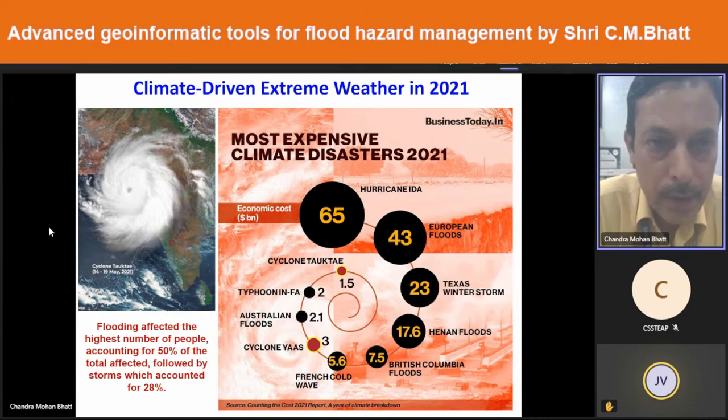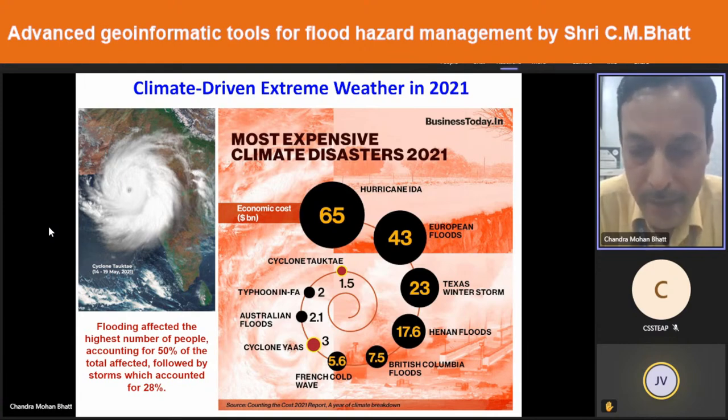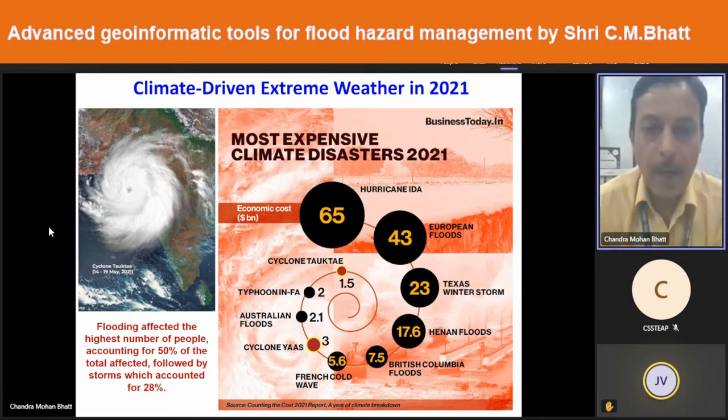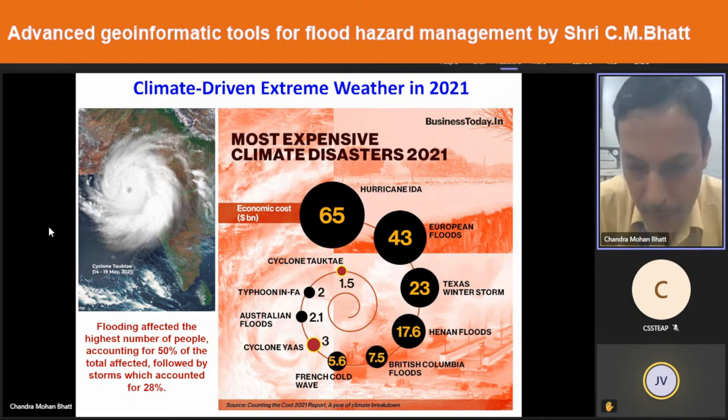The first thing that comes to mind once we see the disaster statistics across the globe in recent time is this picture on the right side, which shows 10 disasters that struck in 2021, and they caused huge economic losses as well as the loss of human lives and property damages.